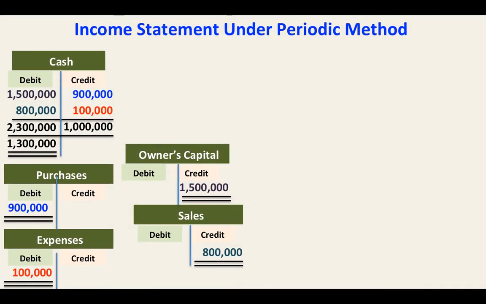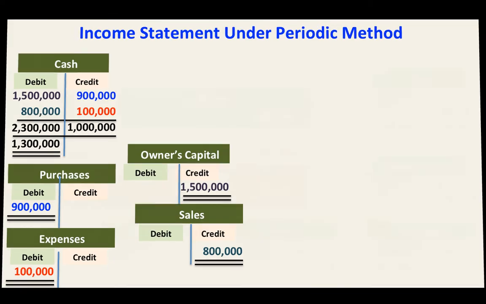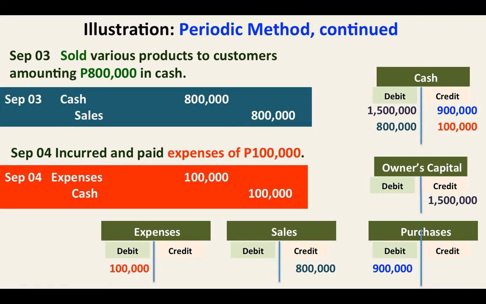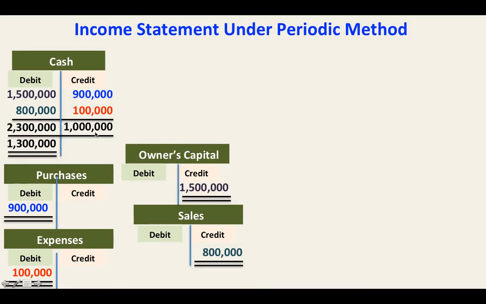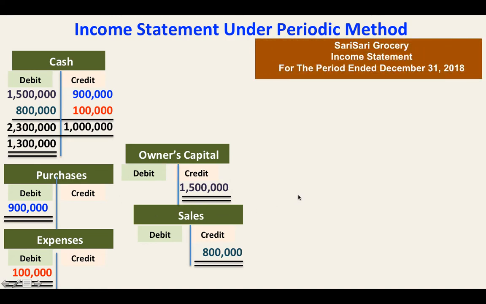This is what we have based on the transactions that we have just had. Okay, class, if we get the balances, this is what we have, and we are going to prepare the income statement.